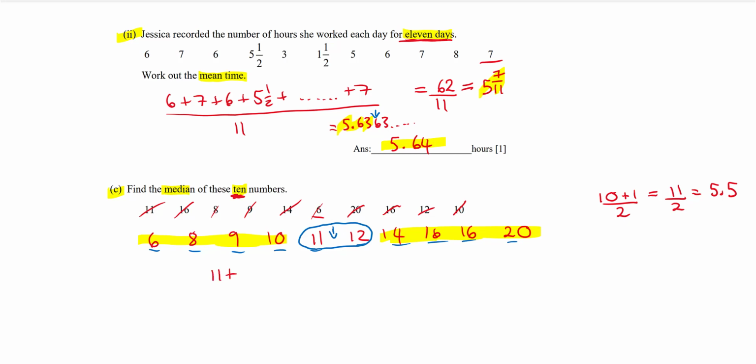So we go 11 plus 12, and divide that by 2, so that is equal to 23 divided by 2, which is 11.5. Okay, so that finishes off question 4.